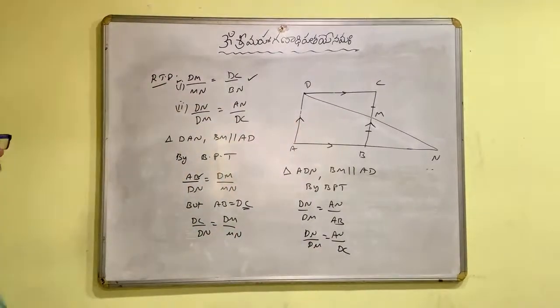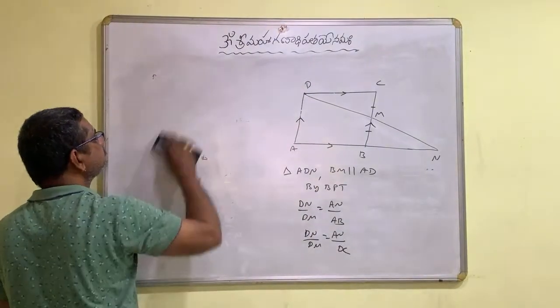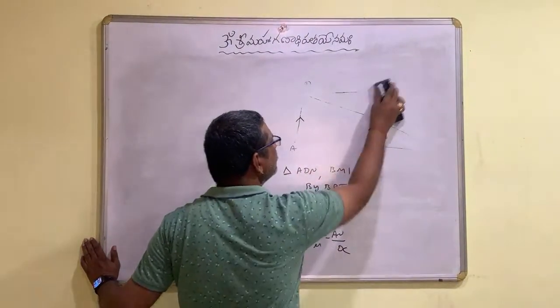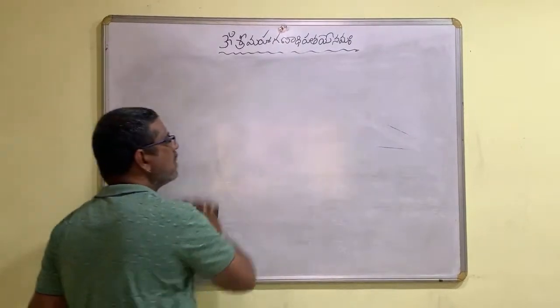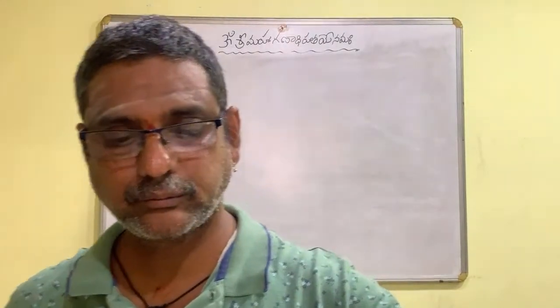Next question. Show that the line segment which joins the midpoints of the oblique sides of a trapezium is parallel to the parallel sides.